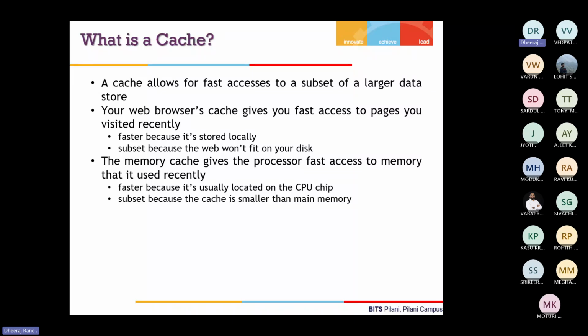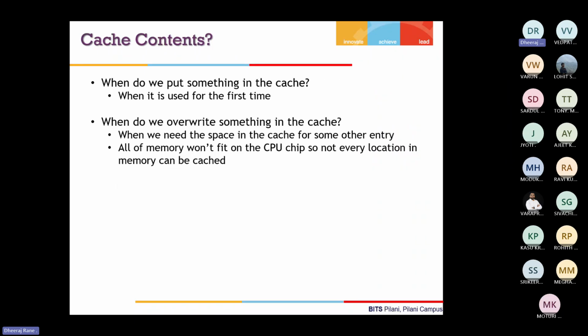So whatever data is being frequently utilized, or there is a probability that this data will be utilized subsequently, that way the algorithm keeps on working by having the data within the cache, so that the speed difference can be bridged.